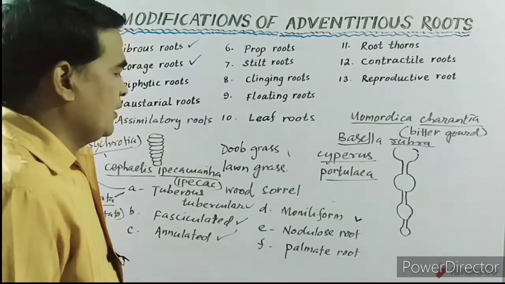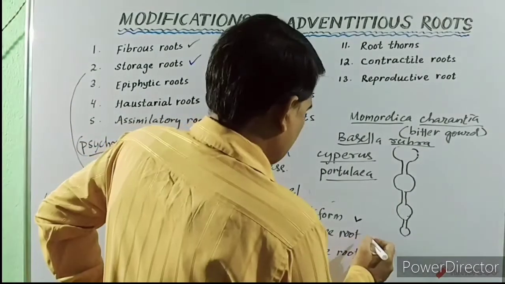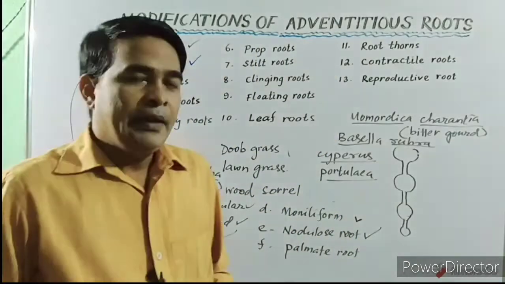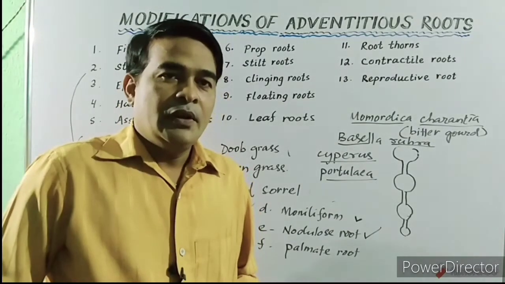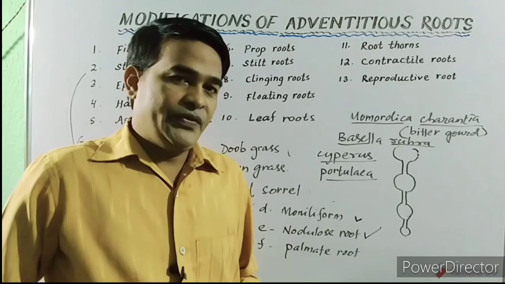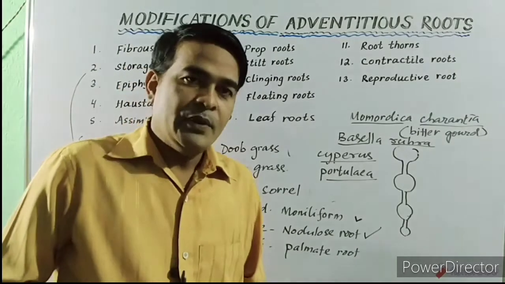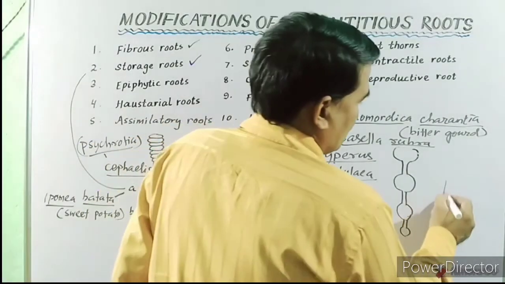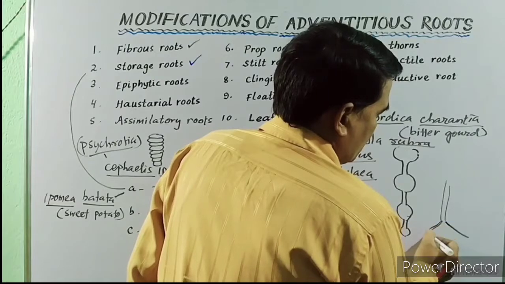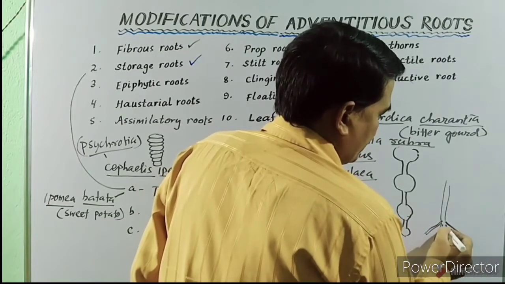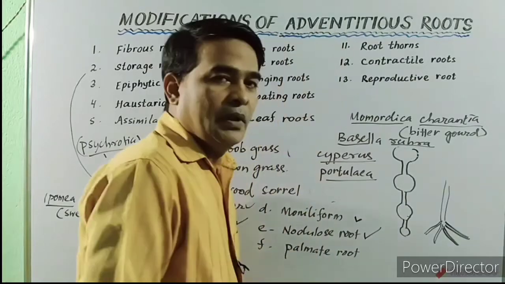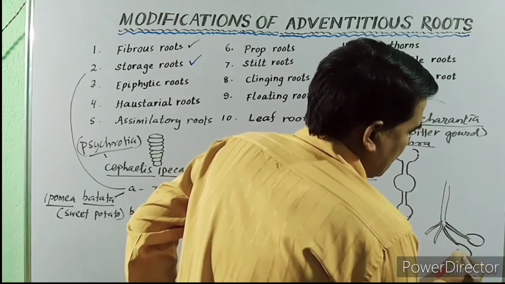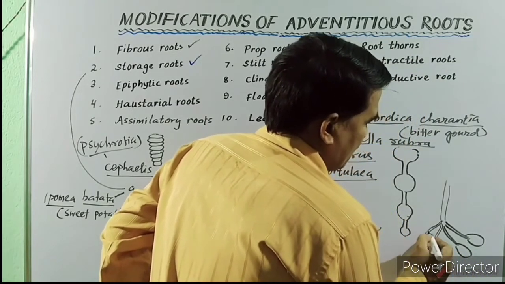Then the next root is the Nautilus root. In Nautilus roots, the swellings are present only at the tips of the roots. Like this, suppose these are roots; the swellings are present at their tips only.